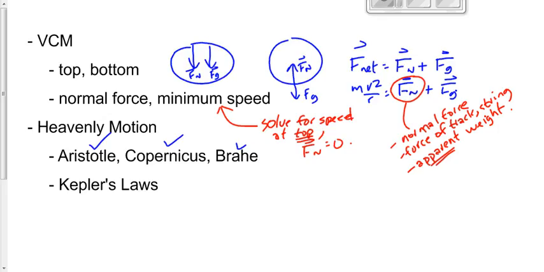Tycho Brahe took naked eye observations of the motion of planets and stars, and then his assistant, Johann Kepler, devised 3 laws that described the motion of the planets from the data that he and Tycho Brahe took. The 3 laws, remember the laws of elliptical orbits?